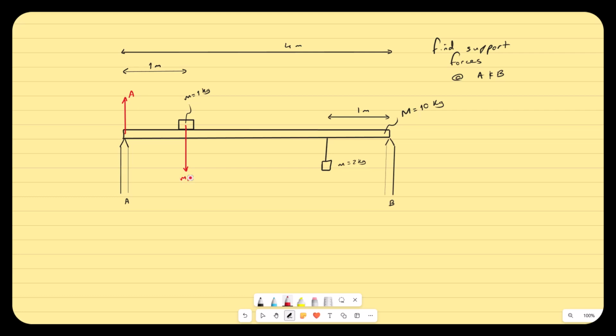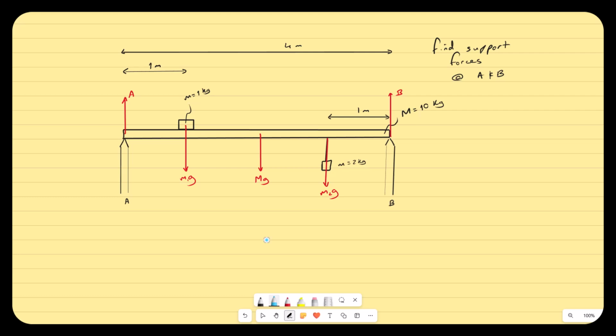Here's an M1G. This thing is a tension, but it's going to be equal to M2G. Here's force B. And then the bar itself, the bridge itself, has a weight, and that acts at its own center. So capital MG.